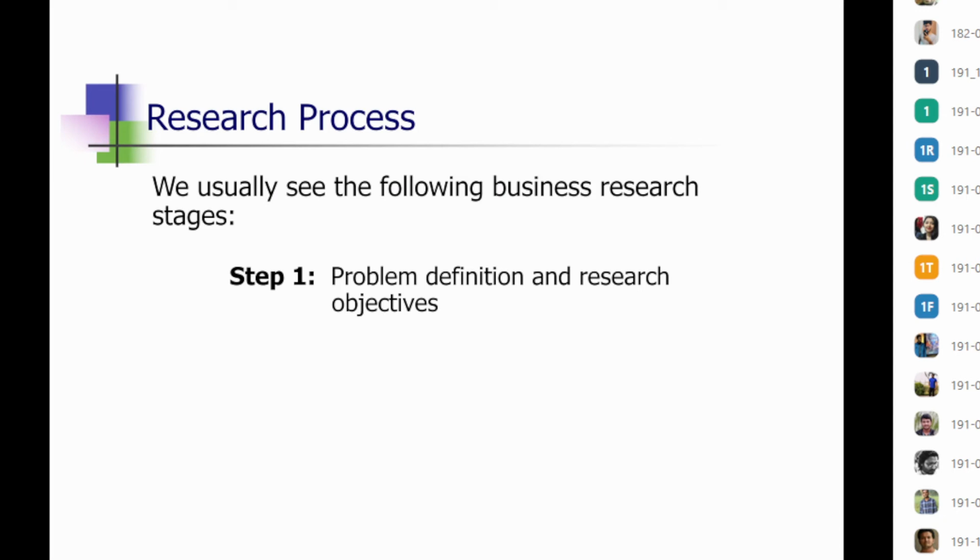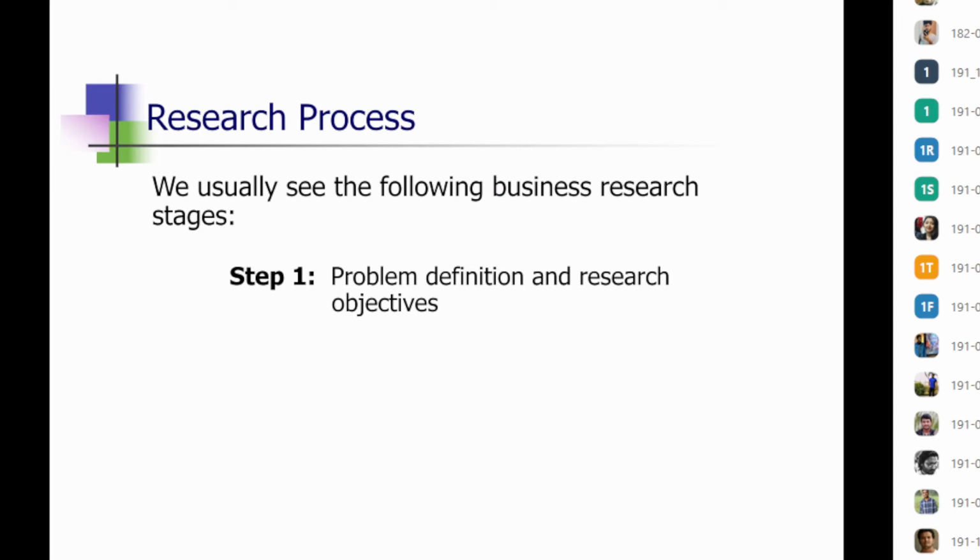Stage 4, data collection and field work. Stage 5, analyzing the data. Step 6, formulating the conclusion and preparing the report. So there are 6 steps in the research process.